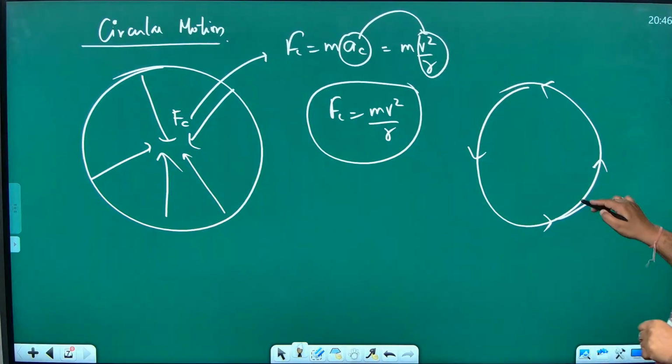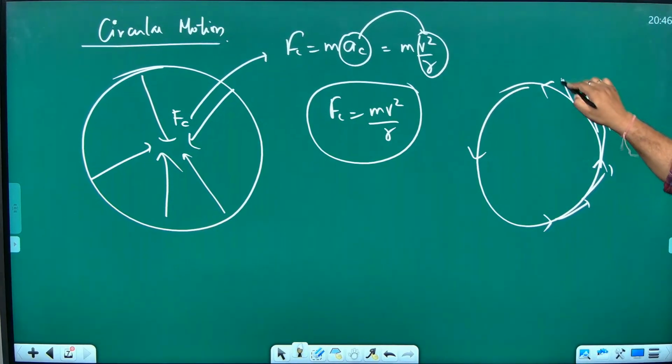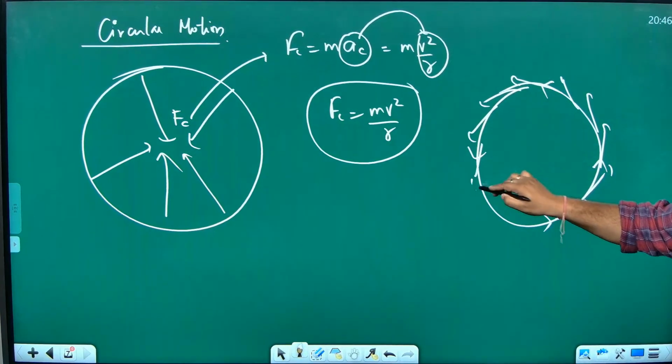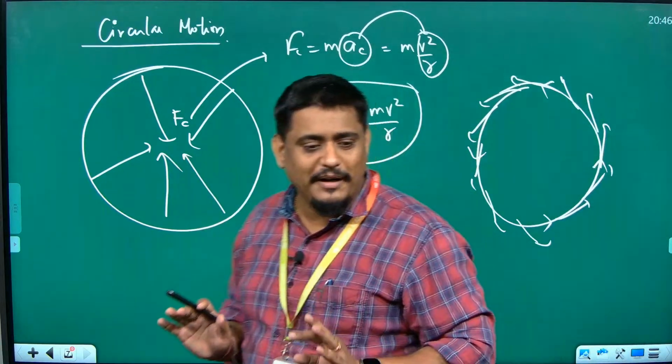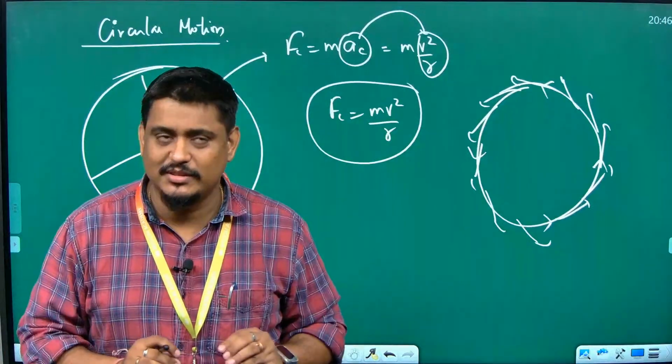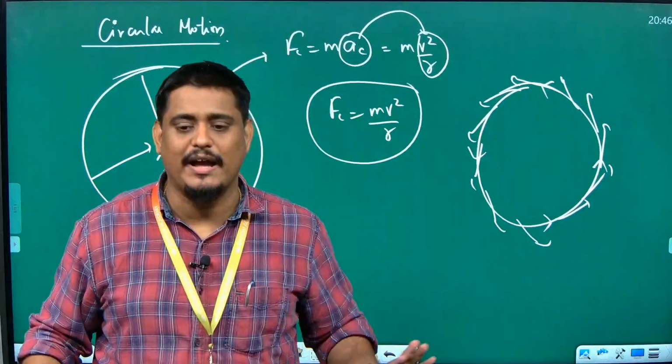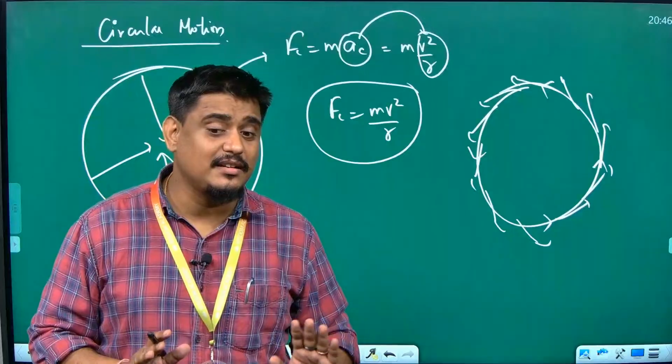See here. What has happened to velocity? Direction is changing, it keeps on changing. Every second it changes. So if you want an object to have a constant speed, yes, you can have. But in circular motion, it is impossible to have constant velocity.